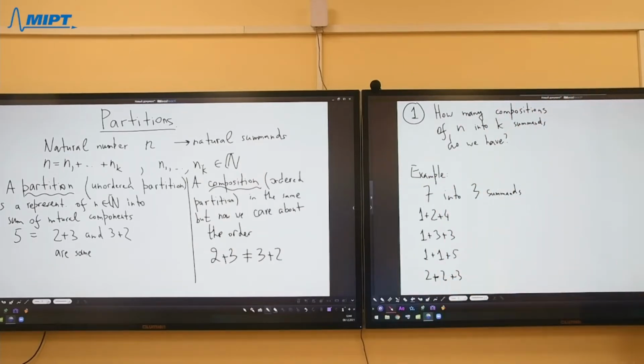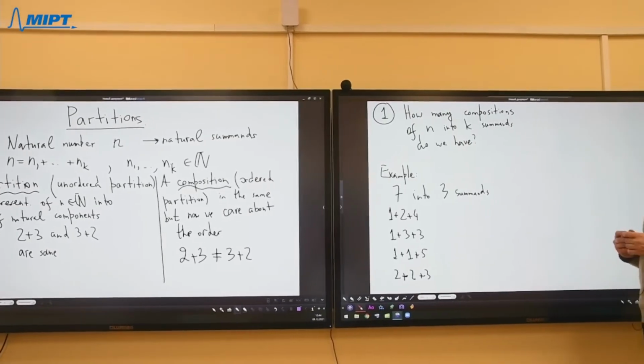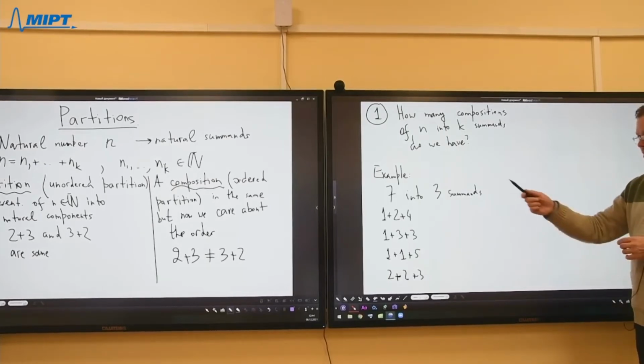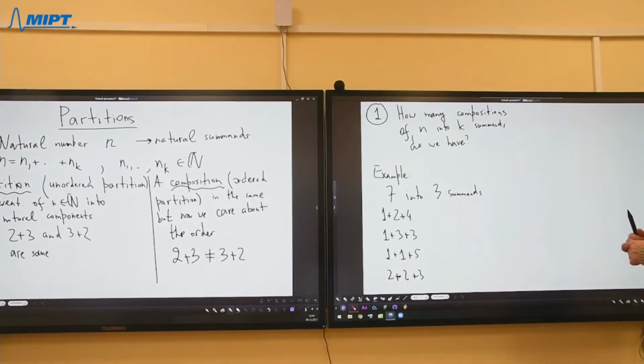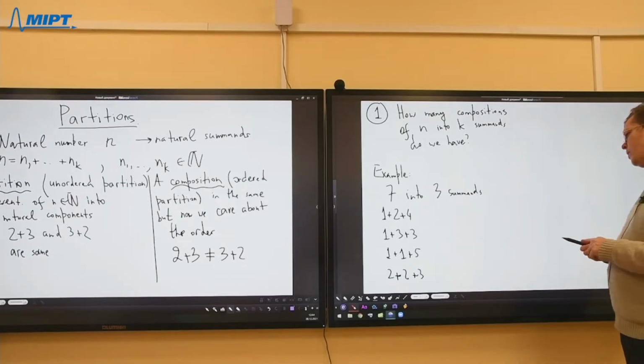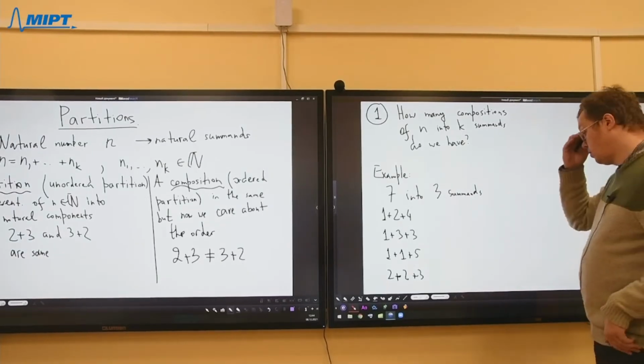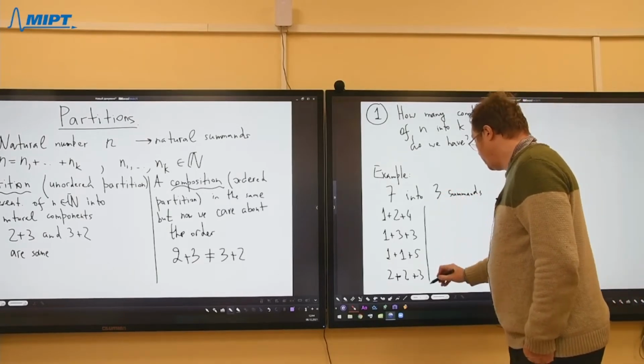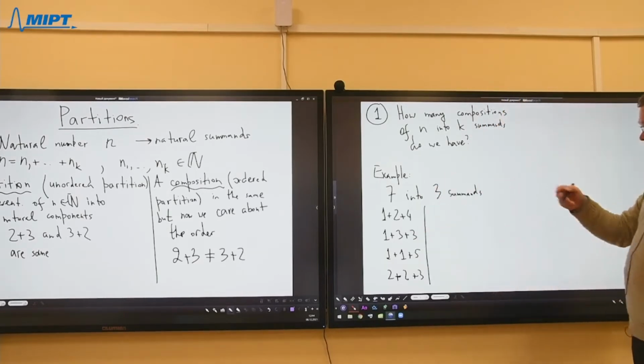So for example, if we have the number 7, and we want to calculate compositions of 7 into 3 summands, then we have these options. We can reorder them, we can state them in a different order.